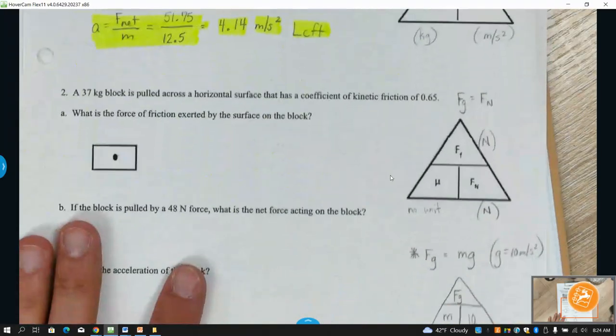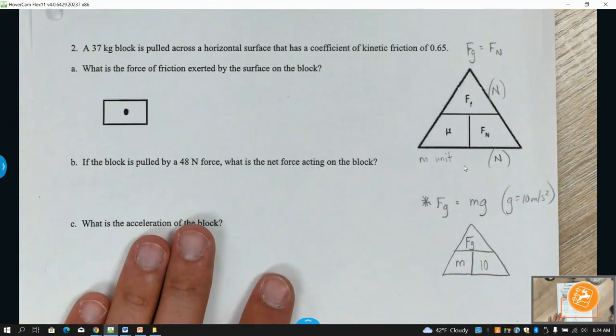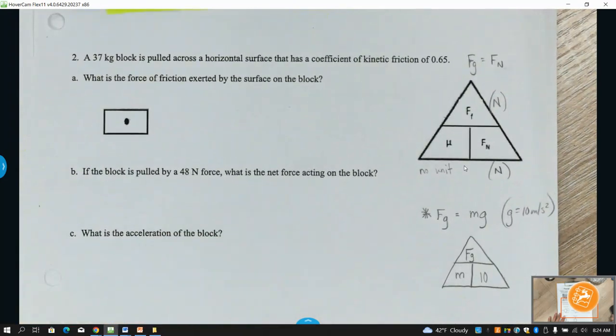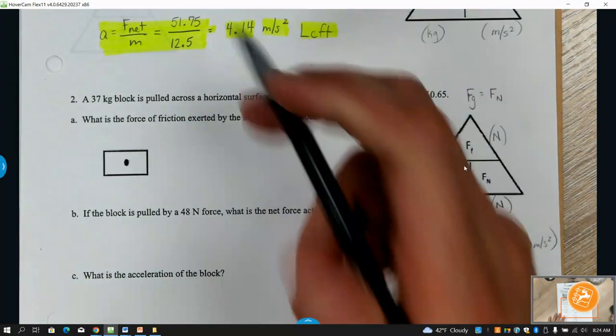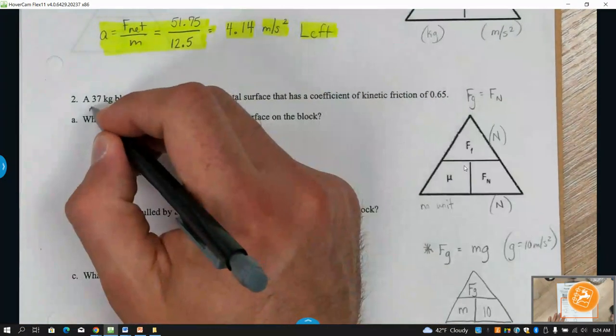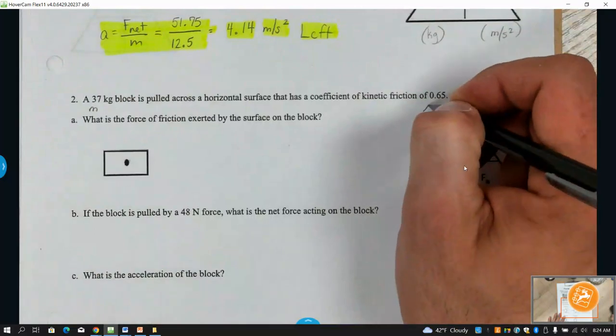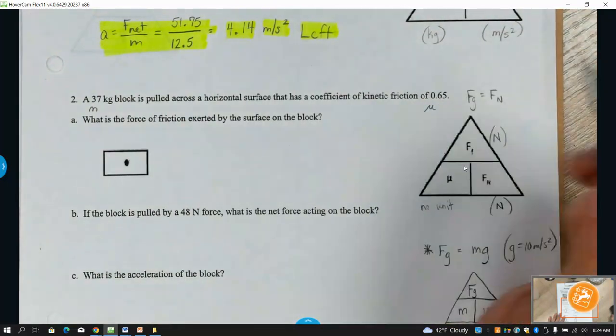All right, so now that we've had some time to work on this, let's now roll through it. So how we want to go about it is you have mass, you have coefficient of friction.